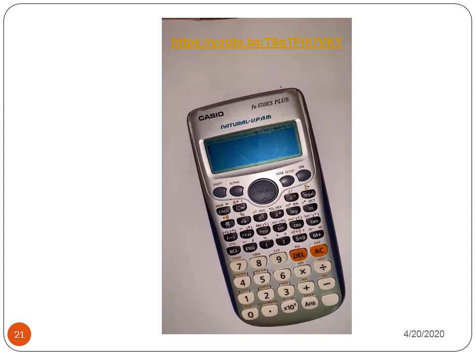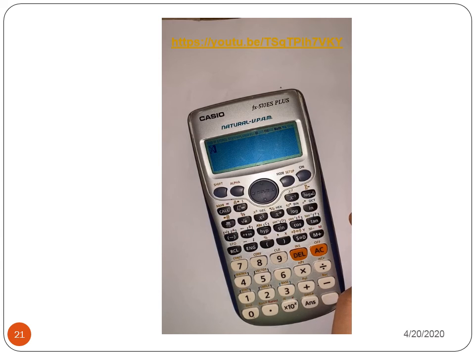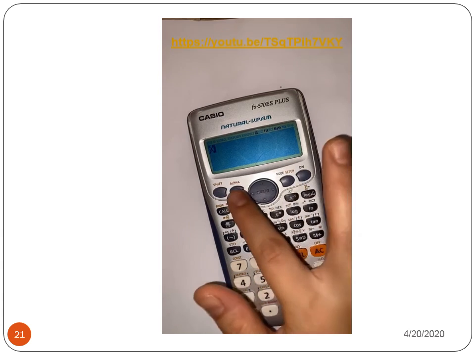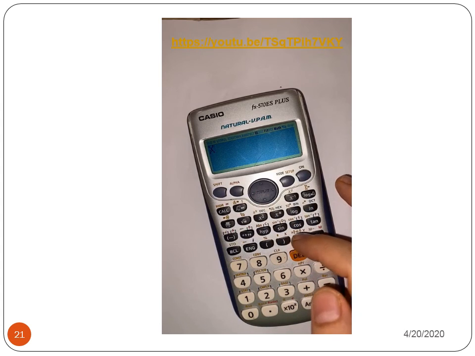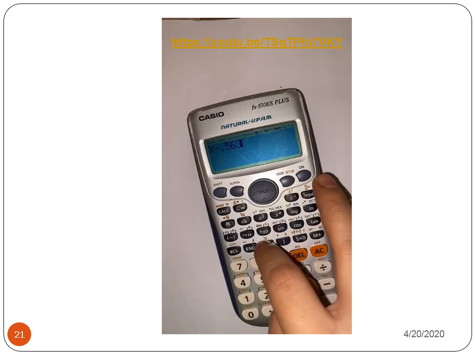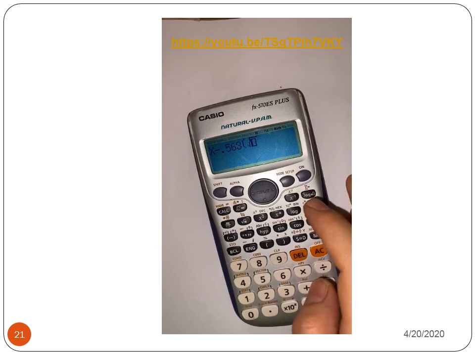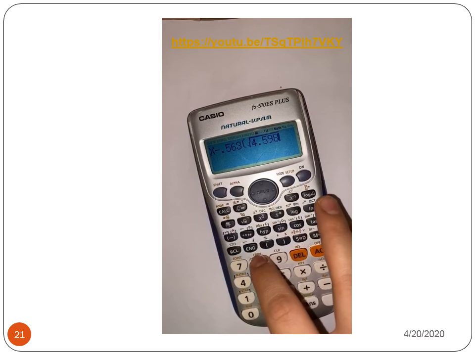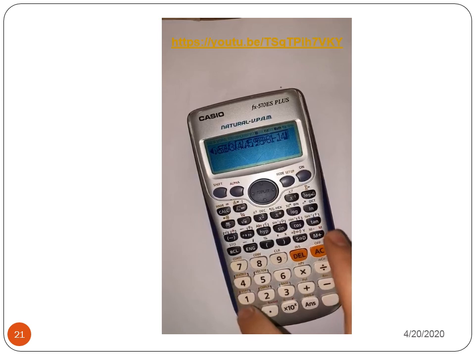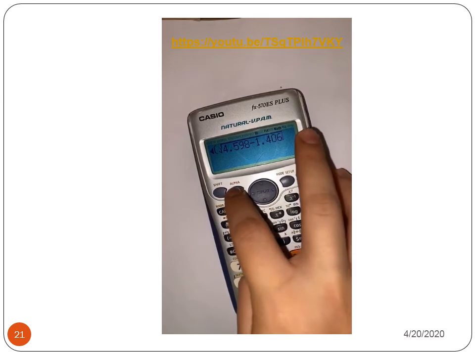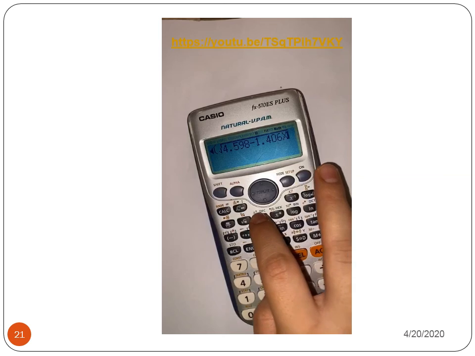Alright, now we'll show you how to use the calculator to solve by the trial and error method. Alpha x, we will use to substitute V1. So to get x, you must press alpha and x. Then we minus 0.563, third 4.598 minus 1.406 alpha x squared.